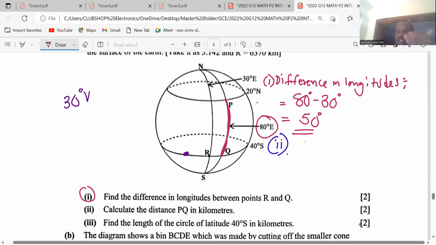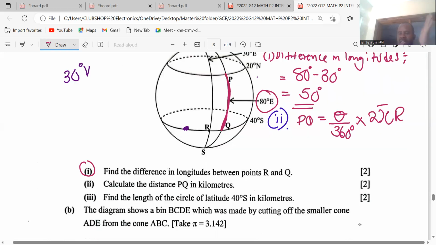So to find their distance, PQ is equal to theta divided by 360 degrees times 2 pi r.